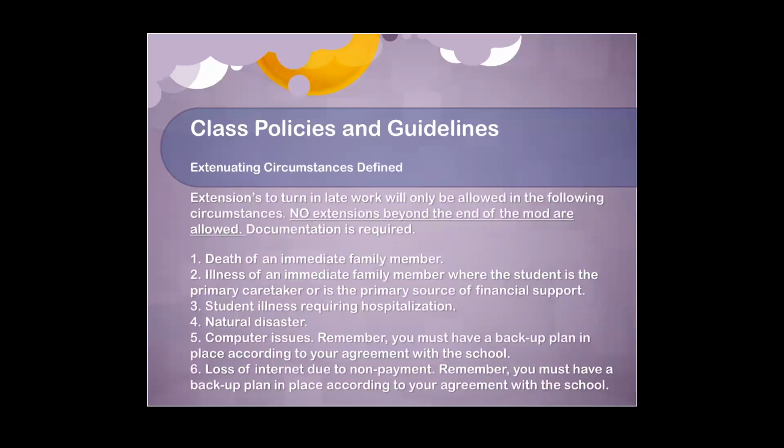Different types of extenuating circumstances are documented here. And I think they might be in our syllabus. I'm not exactly sure. I think they are, but I'm not for sure either. But I remember them all.